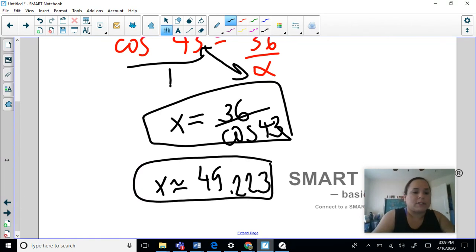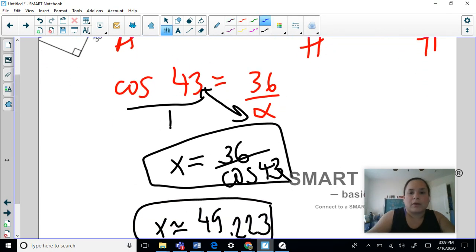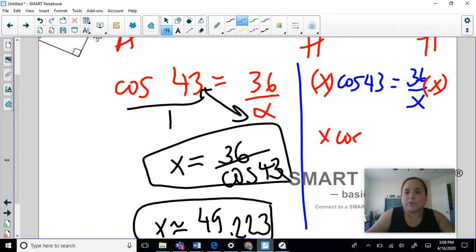Okay, now if you want to see solving it the other way, that would mean that we have cosine of 43 equals 36 divided by x. Multiply both sides by x, and you get x cosine of 43 equals 36 because the x's simplify.